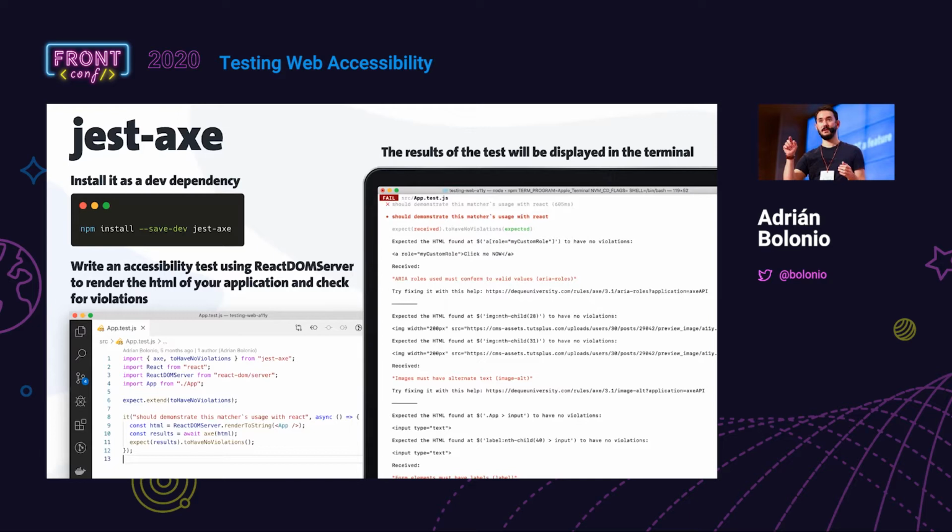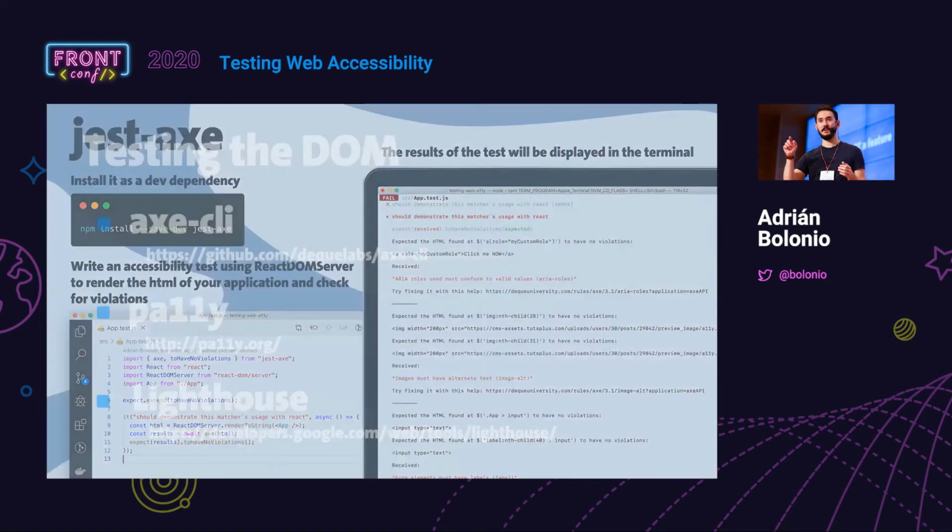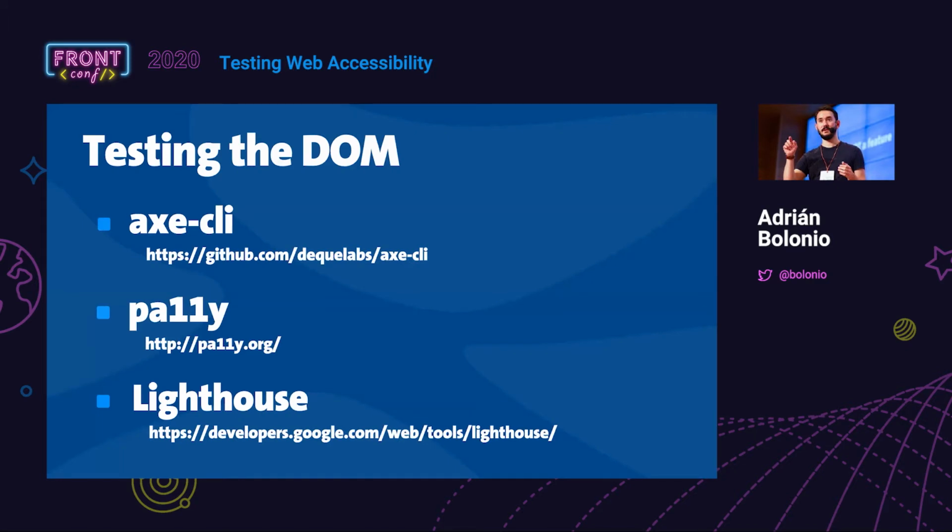But sometimes you may think that you are done, which is a very tricky statement. Or maybe you arrive at a new job and you inherit a code base and they tell you that they have never done anything for accessibility. So you need to test the whole thing at once. So probably you can test the whole DOM at the same time.